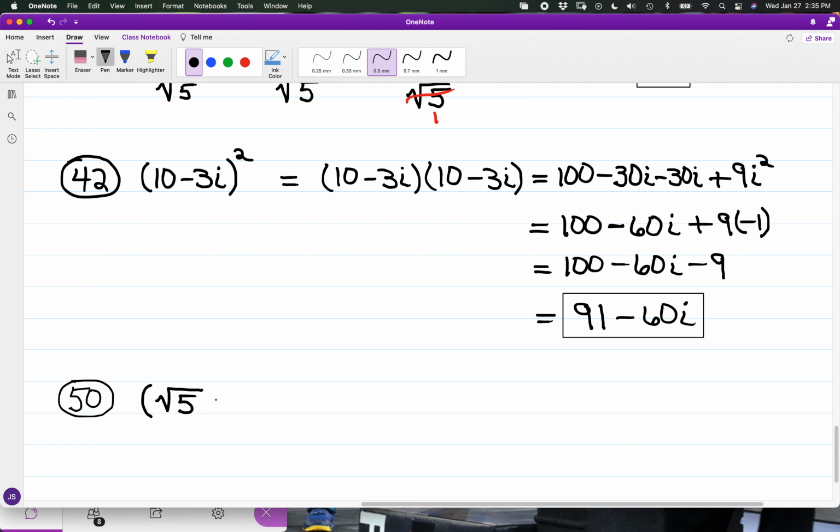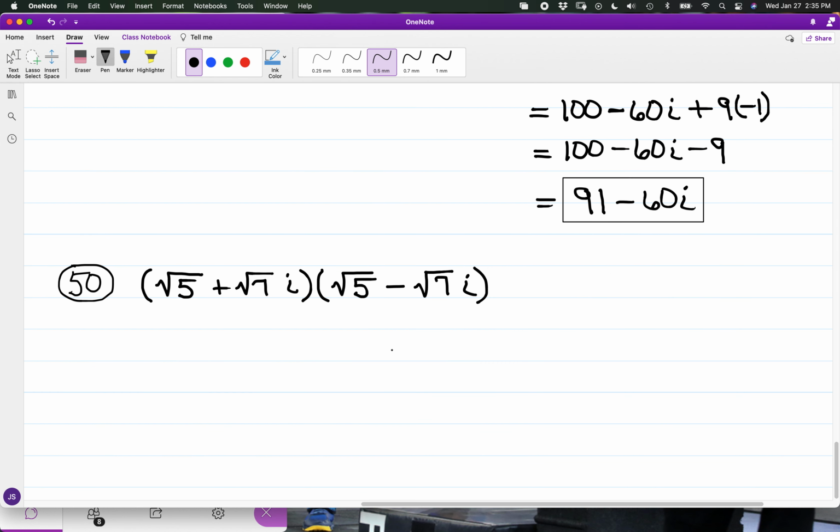So you have the square root of 5 plus the square root of 7 times i, and then the square root of 5 minus the square root of 7 times i. Now I'm going to FOIL out once again. So we've got conjugates, because you have the same a term, and the bi terms are going to be additive inverses.